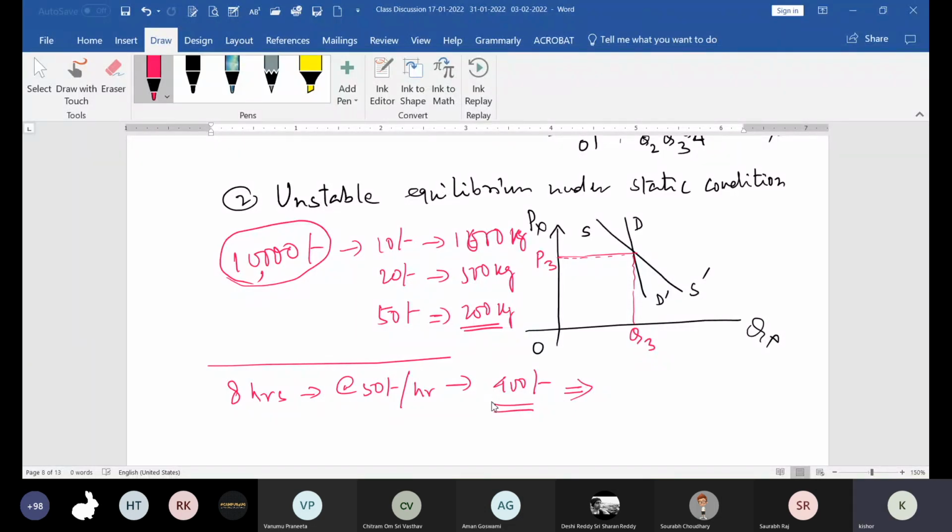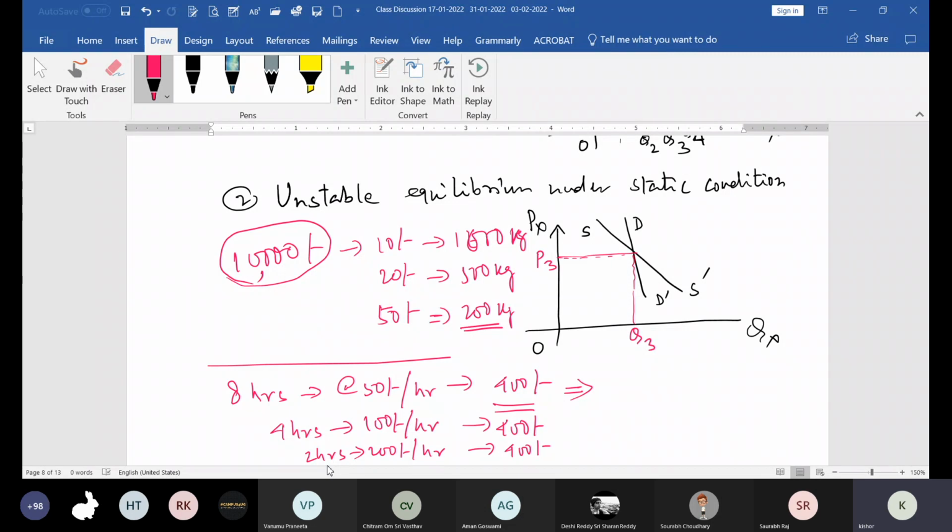Now suppose this per hour labor charge increased from 50 to 100. Then, because of my health condition, I am working only 4 hours and earning 400. As I said, it is an exceptional case; you are not in a normal situation here. If it is 200 rupees per hour, you might be working only 2 hours to earn 400. In that case, there is much more relaxation in your life because of your physical or health condition.